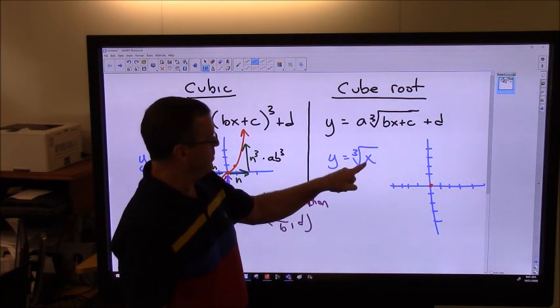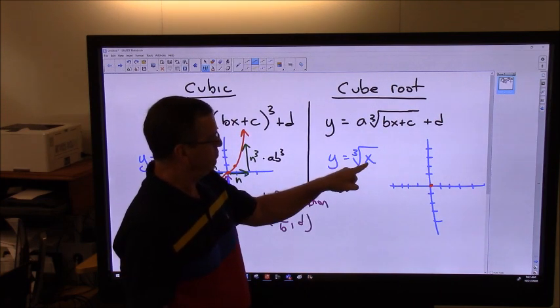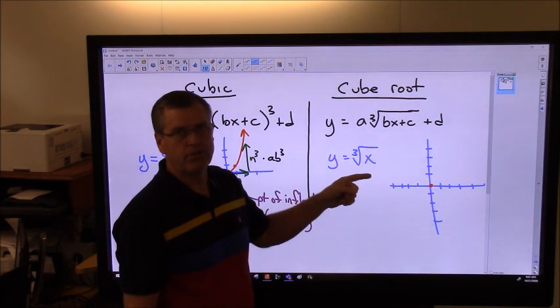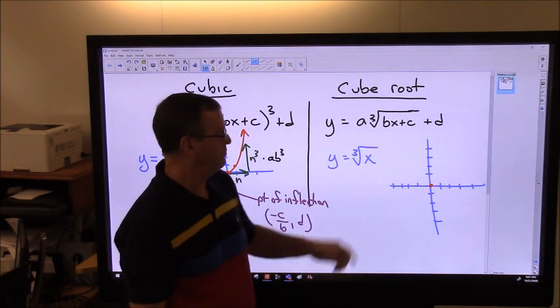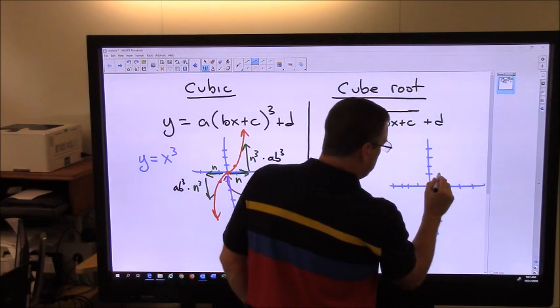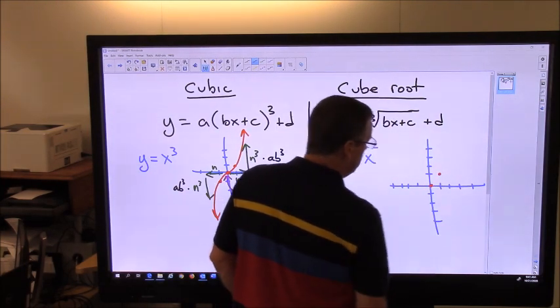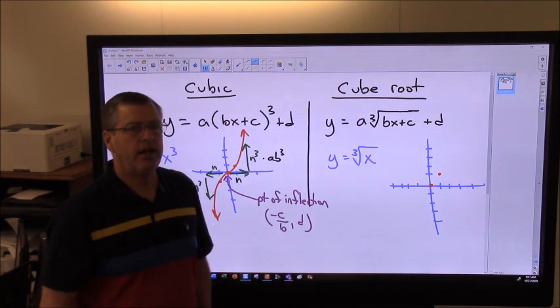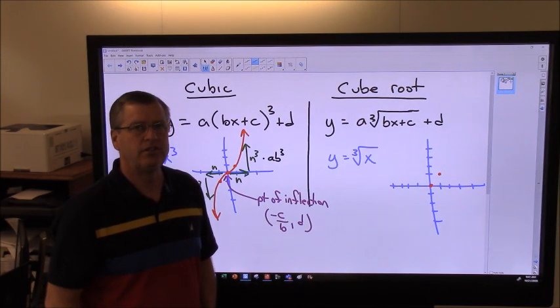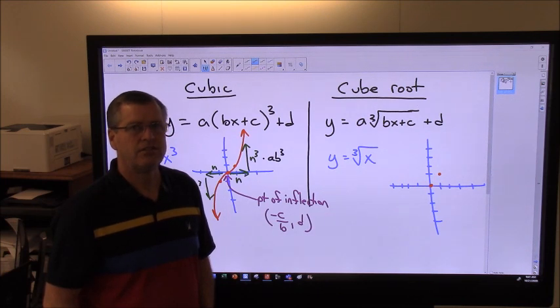What's the next number I know the cube root of? 1, right? What number times itself 3 times equals 1? That would be 1. Okay, so I get the point 1, comma 1. But then when I ask myself, what's the next number I know the cube root of? It's 8. Right?